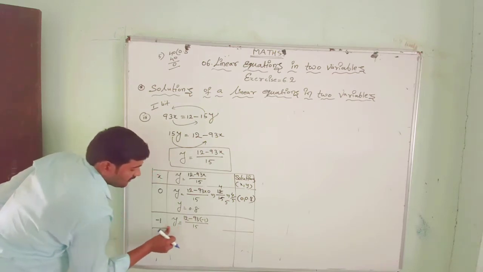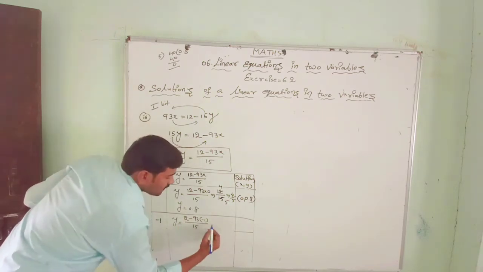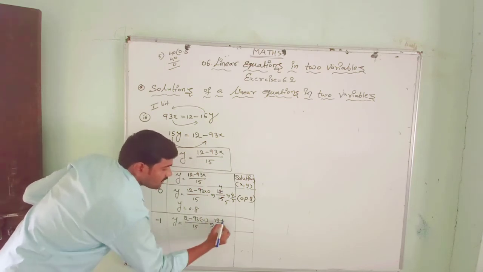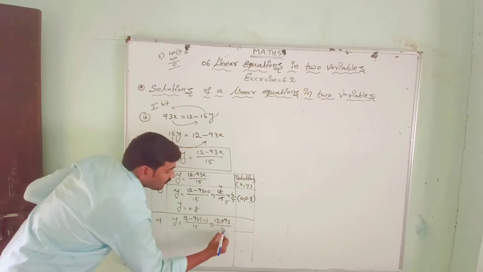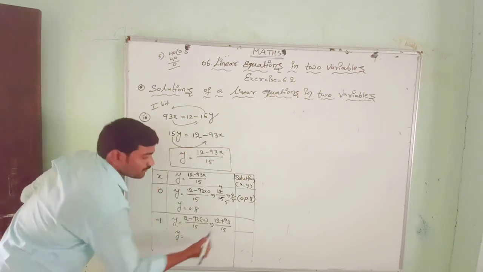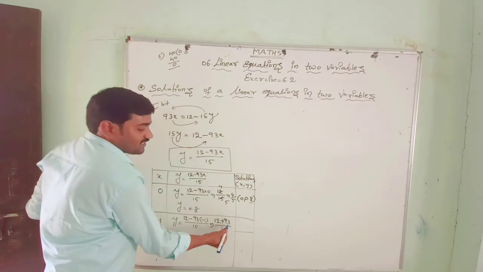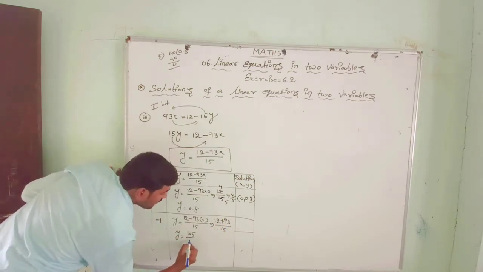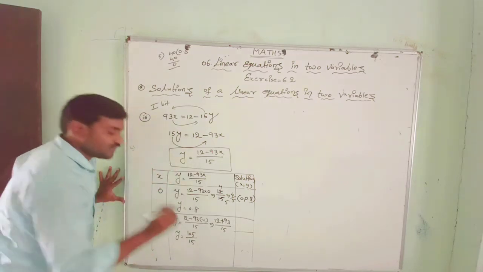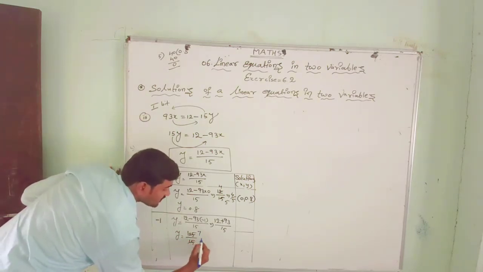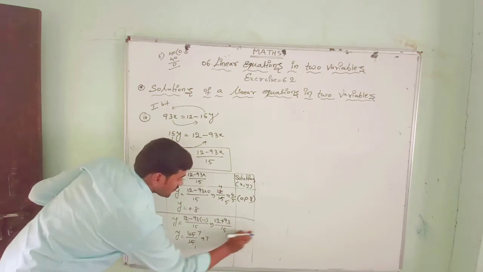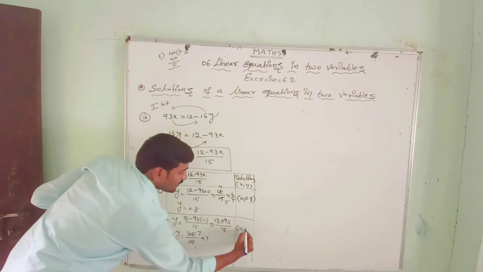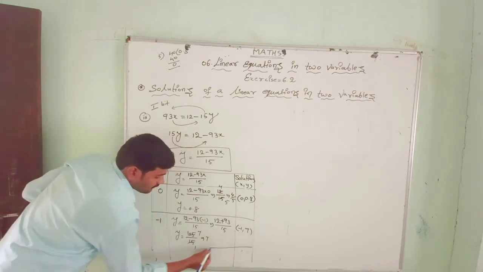So 12 minus into minus gives plus 93 by 15. So y equal to 12 plus 93, 105, by 15. 15 sevens are 105. See, when we use x equal to minus 1, then y equal to plus 7.